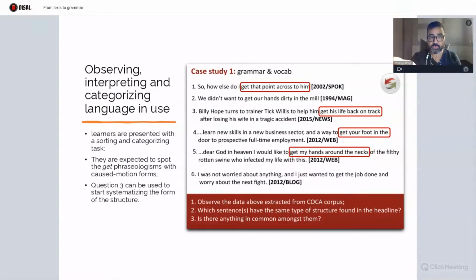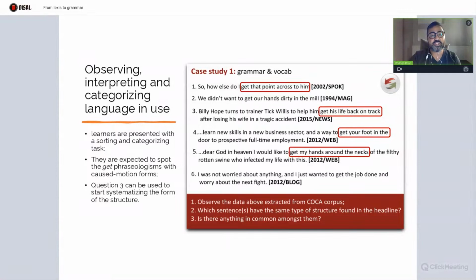They're expected to spot the get phraseologisms with the caused motion form. So get that point across to him, get his life back on track, get your foot in the door, and get my hands around the nets.